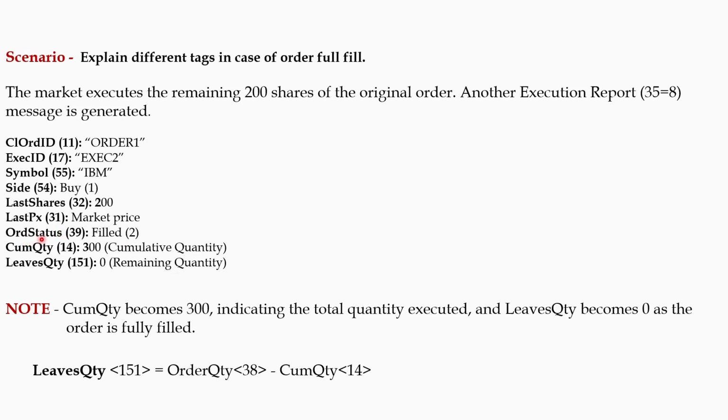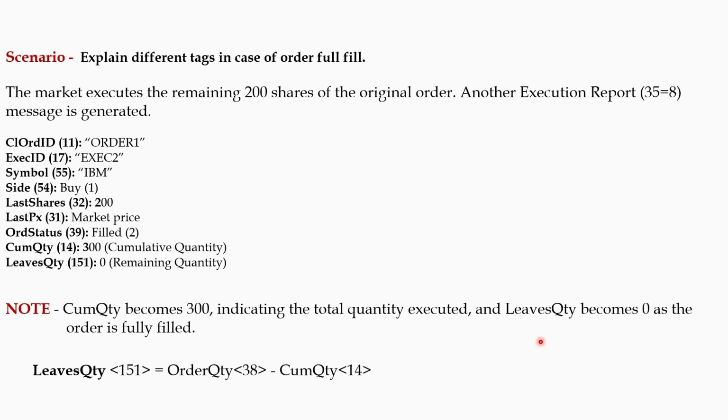So the important tag here is tag 39 equal to 2, indicating a fully filled order. Cumulative quantity becomes 300, indicating the total quantity executed, and leaves quantity becomes 0 as the order is fully filled. Leaves quantity can be 0 if the order is cancelled, DFD, expired, calculated or rejected.